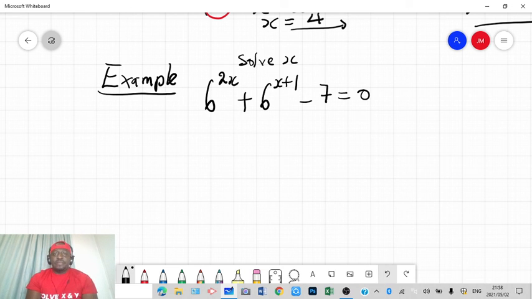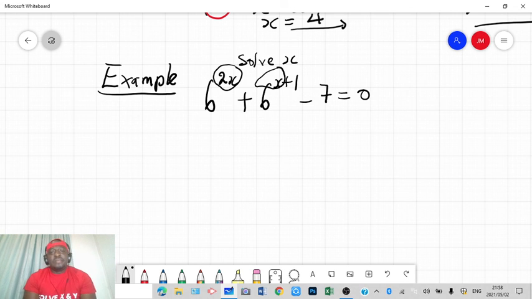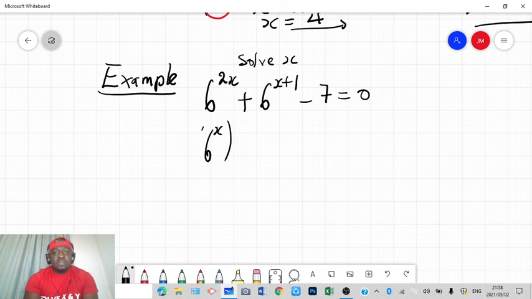But then don't forget the fact that one of the indices is twice the other one. So when it comes to such cases, we need to apply the K method. So my first approach is to reverse this with the exponential law.